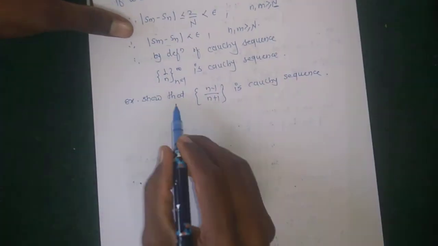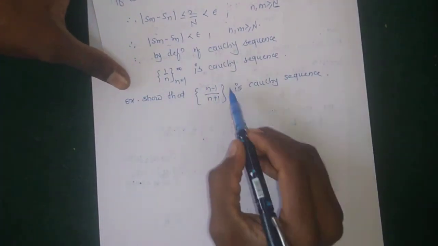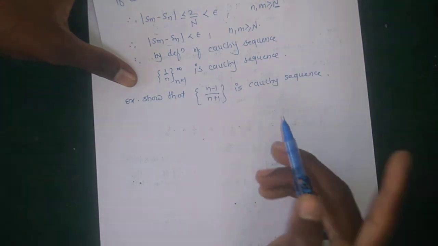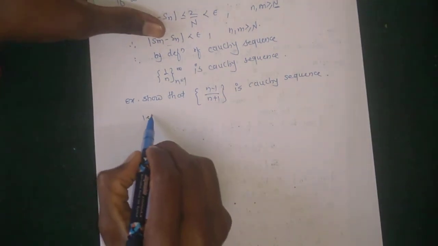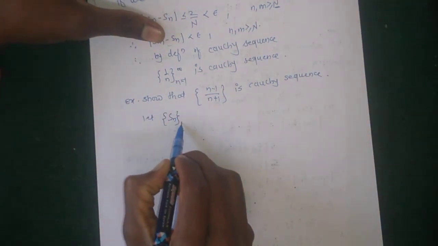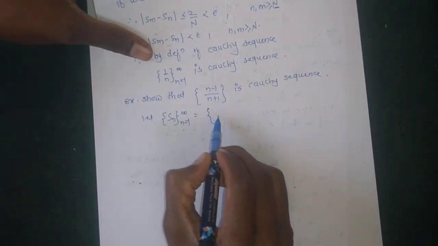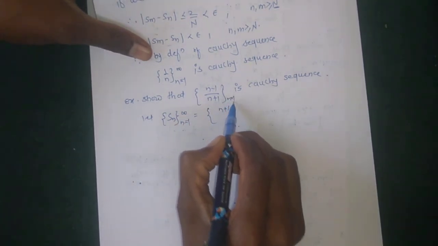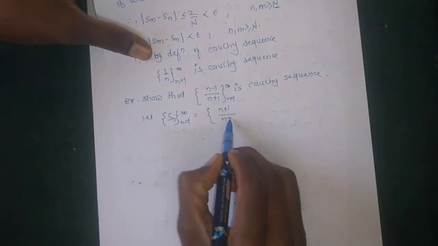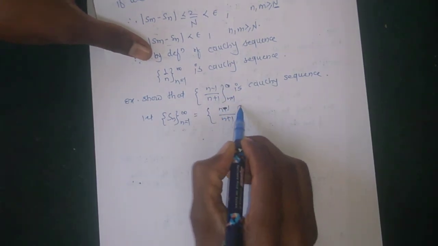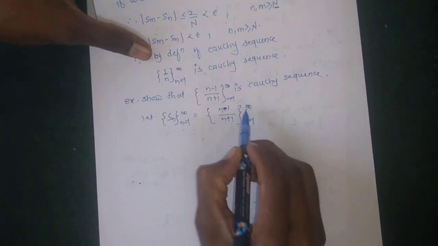By definition we have to show that |Sm - Sn| is less than epsilon. So let the sequence Sn, where n runs from 1 to infinity, be (n - 1)/(n + 1).